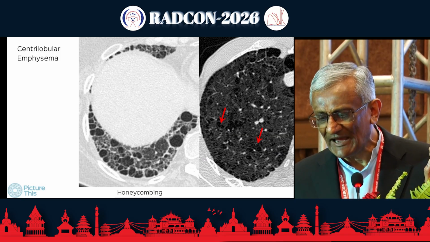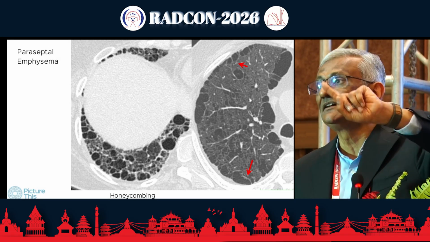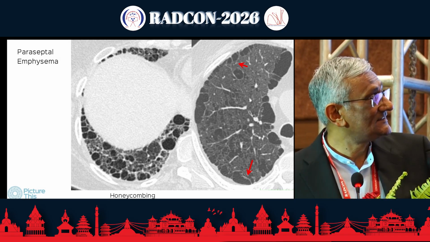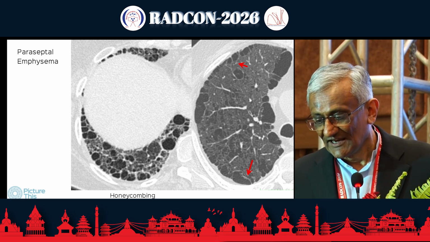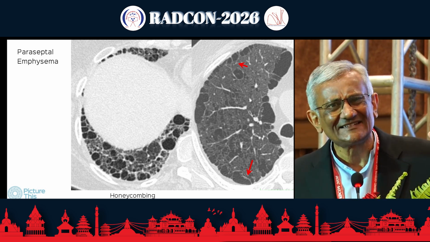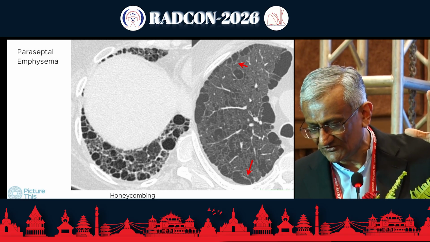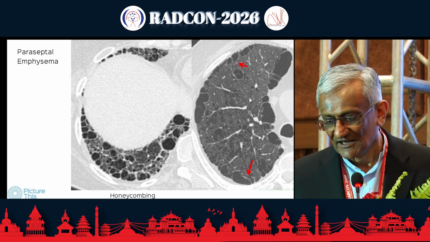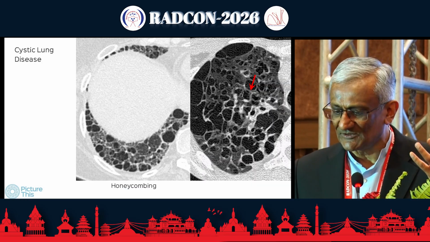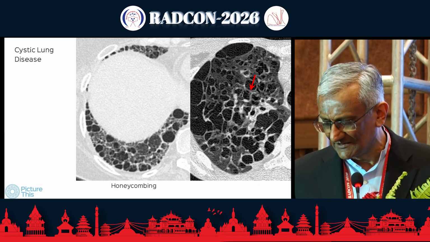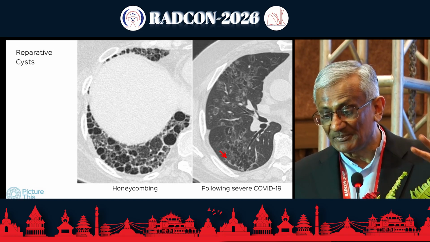honeycombing. Paraseptal emphysema is a single layer of cysts, typically in smokers. They can have differing sizes, but otherwise that's what it looks like. And here you also have centrilobular emphysema. Then we have cystic lung disease, where we have cysts with walls that are randomly distributed, reparative cysts.